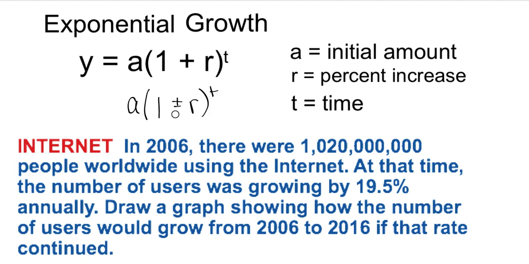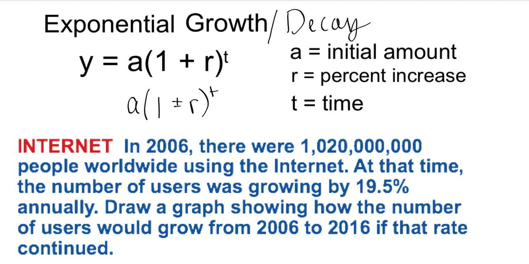Depending on what the middle sign is, that's going to be either growth or decay. So plus means growth, minus means decay. If it's a negative, that's going to be decay, and we're going to subtract that rate, making this less than 1.